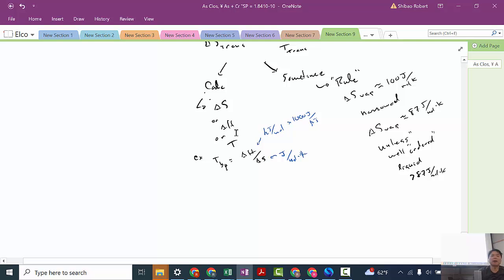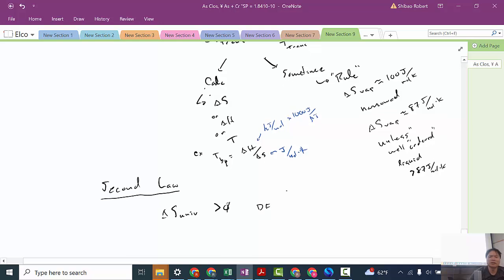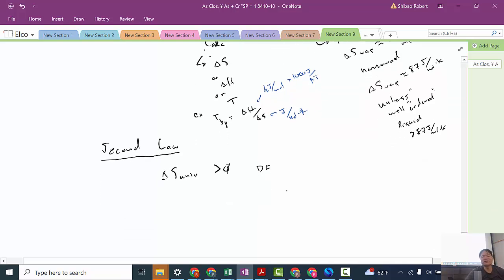So what we want is to be able to use the second law of thermodynamics. So let's take a look at the second law again. The second law is that delta S of the universe needs to be greater than 0 in order to have a driving force, a spontaneous process. If it's equal to 0 or less than 0, there's no driving force for the forward. If it's equal to 0, it's at equilibrium.